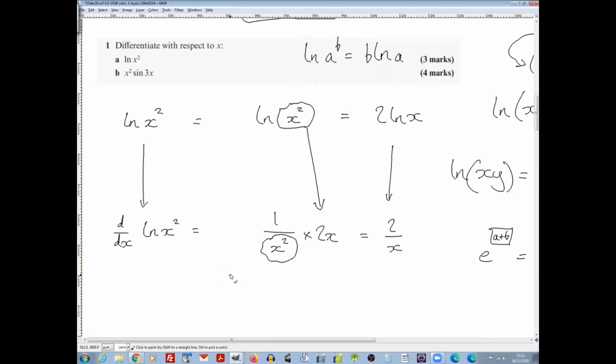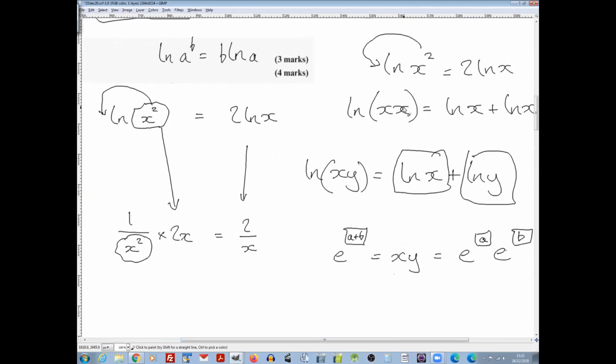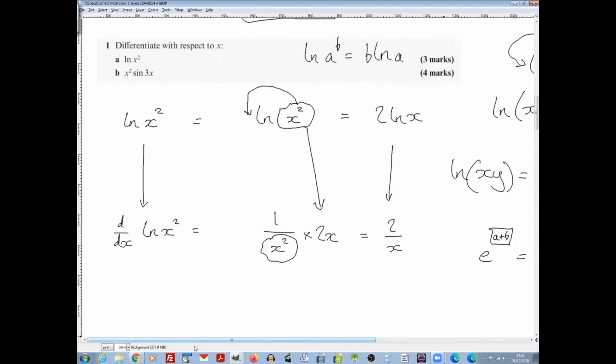Thank you. Yes, good. So the point is this power here is coming round the front. That's all. Log of a to the b equals b log a in general, because log of xx equals log x plus log x, which is 2 log x. I see. Okay.